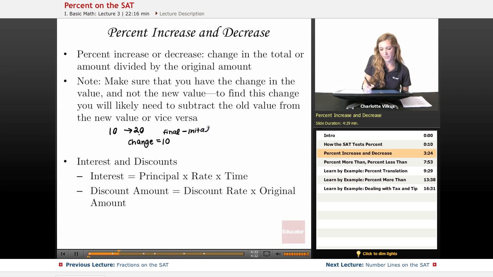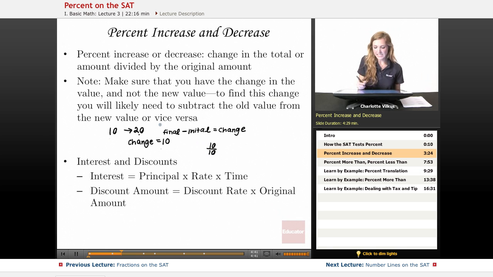So final minus initial is equal to the change. Then if I want to look at percent increase or decrease, I can put the change over the total, so 10 over 10, to find out the percent increase.